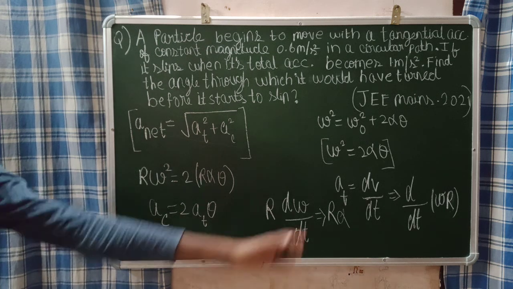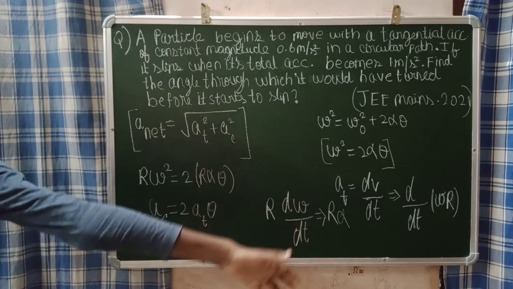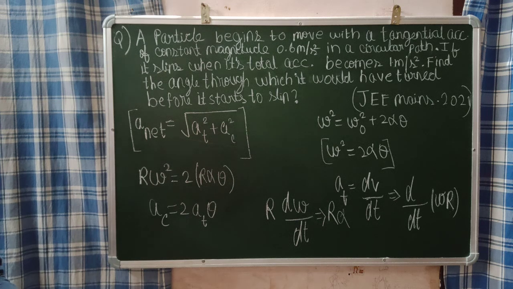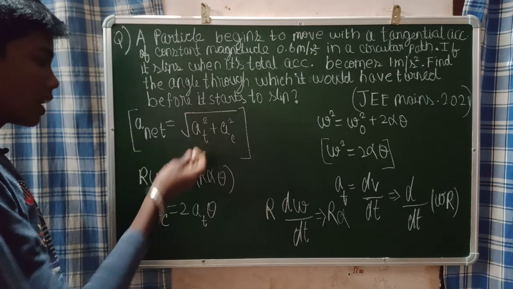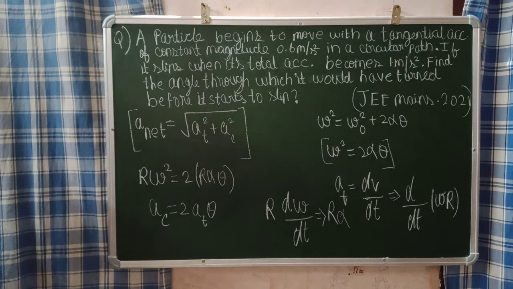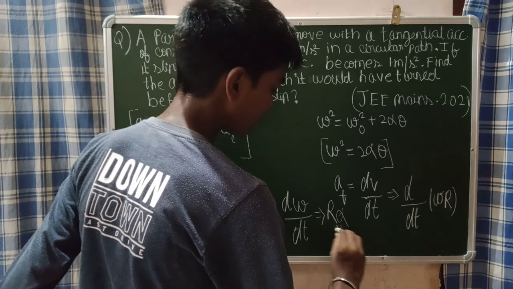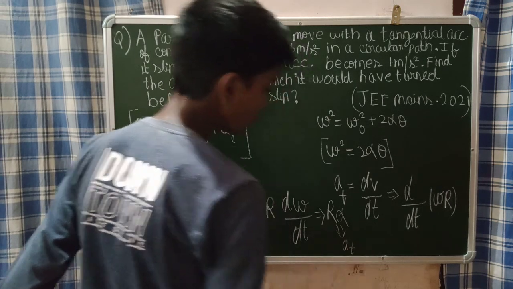You know that, right? That is why I am saying your r alpha will be a_t. So finally this is your a_t.